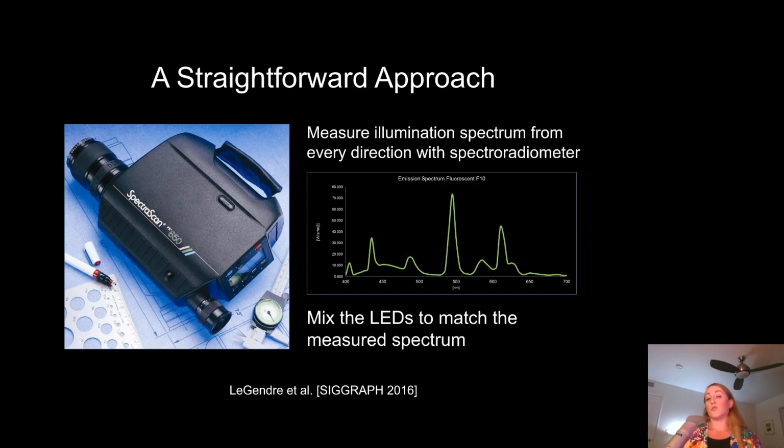So in the most straightforward approach, we could just point a spectroradiometer, which is a spectral measurement device, in every direction for which we have a light source inside the light stage. And then we could imagine just mixing the LEDs to best match this measured illumination spectrum. And this would essentially be borrowing the spectral illuminant matching technique introduced by Wenger et al. in 2003. However, this process would be slow and cumbersome.